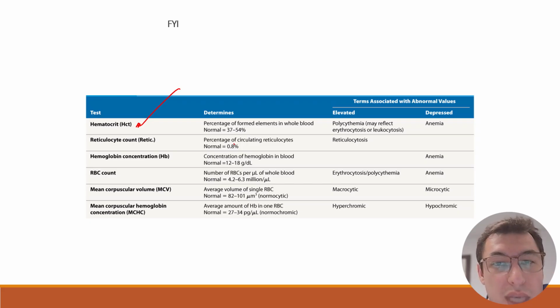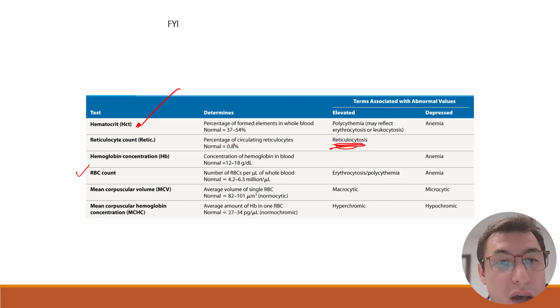Reticulocytosis then will mean that you have a high amount of reticulocytes, and it means that there was some form of bleeding. Hemoglobin concentration refers to how much hemoglobin there is in your blood. If it is low, it means that there is a decreased amount of red blood cells. Red blood cell count is measured in millions, while white blood cells are measured in thousands.